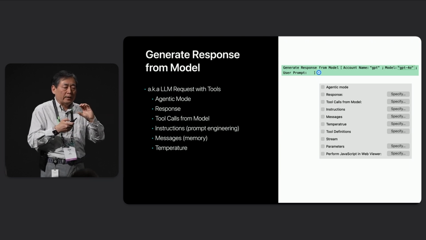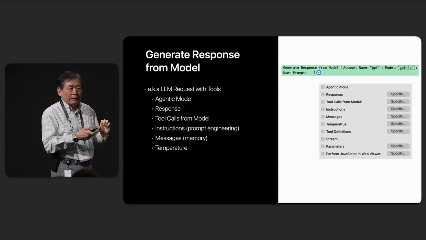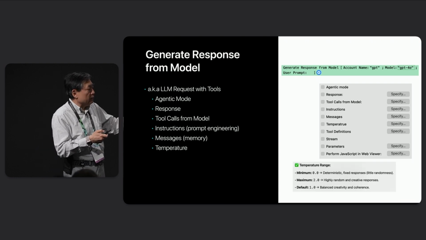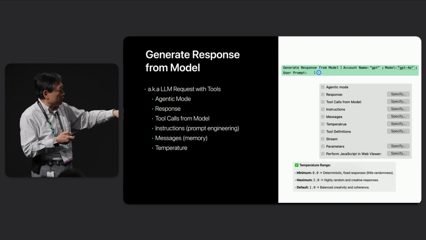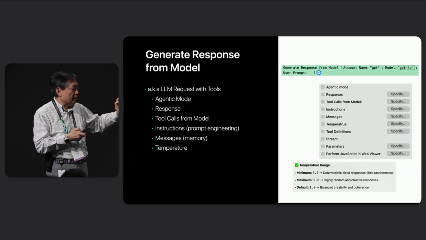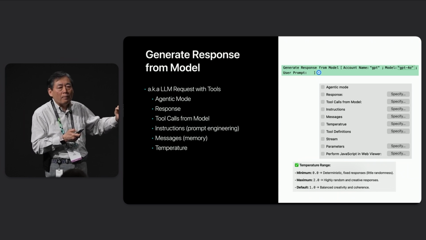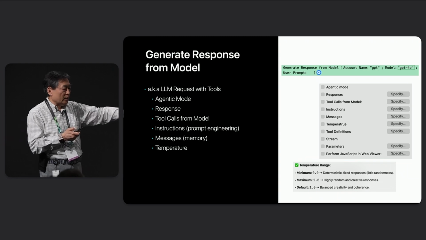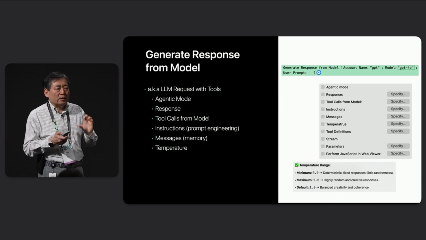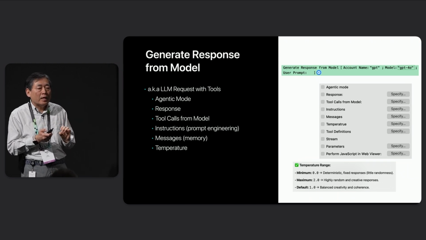This sampling temperature is model specific, so pay attention: this number is not universal. The one I put in here, the range from 0 to 2 with a default of 1, is the GPT-4 number. For GPT-3, don't use this one. For GPT-3, the range is 0 to 1 and the default is 0.7.